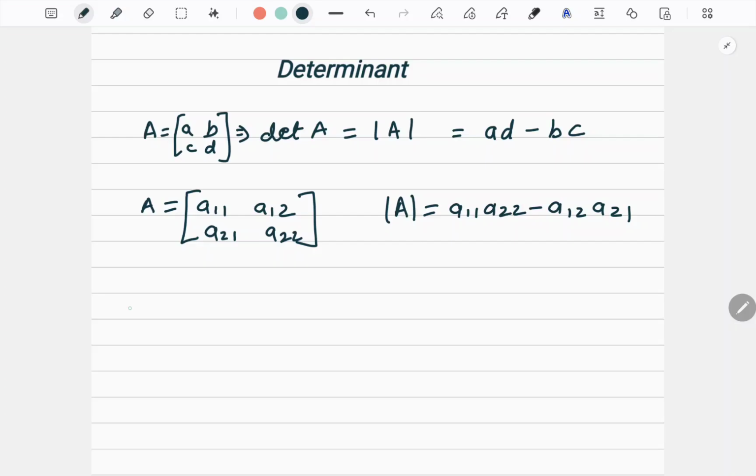Now in the same way, if you have a 3 cross 3 matrix, let me write it: a11, a12, a13, a21, a22, a23, a31, a32, a33.